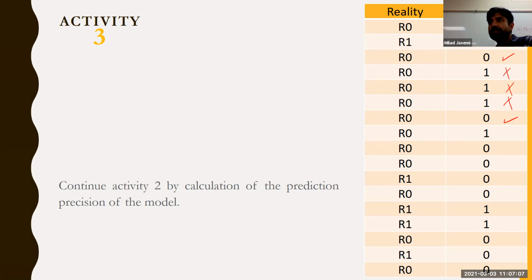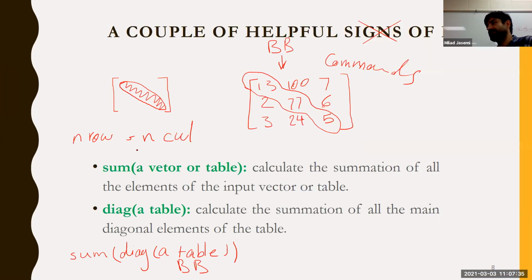Last session, we learned together an improvised or manual type of coding with R to calculate this, but it's possible to calculate the precision of these predictions with the help of these two commands that we just discussed.